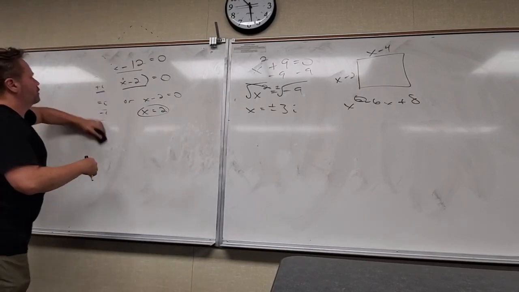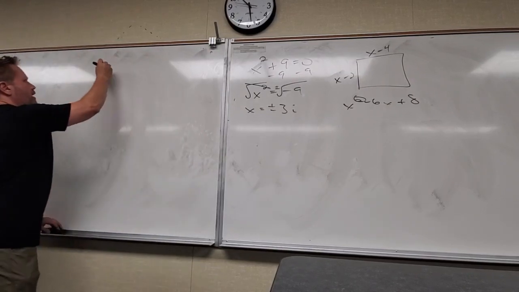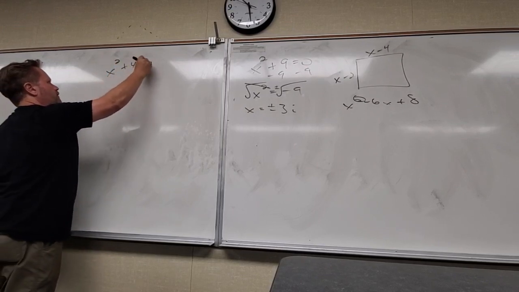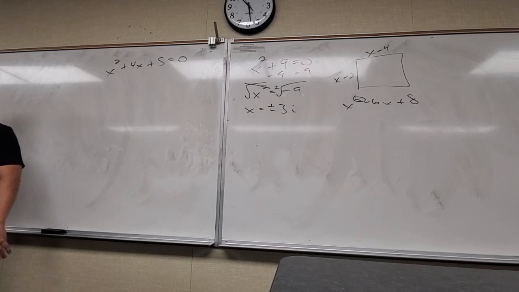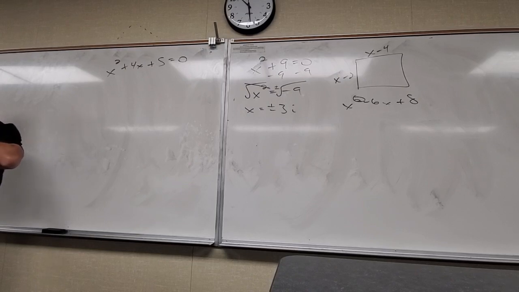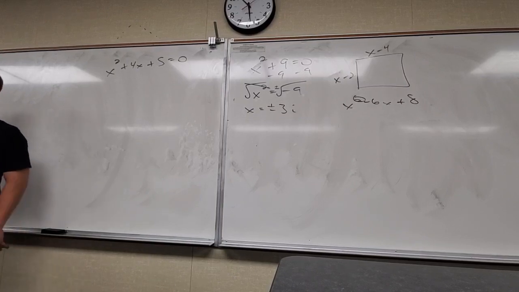So you know where this is going. What if I had a quadratic problem, but I have something I can't factor? You use the quadratic formula, that's right. Now, in the interest of time, I'm not going to prove the quadratic formula, which is unfortunate.